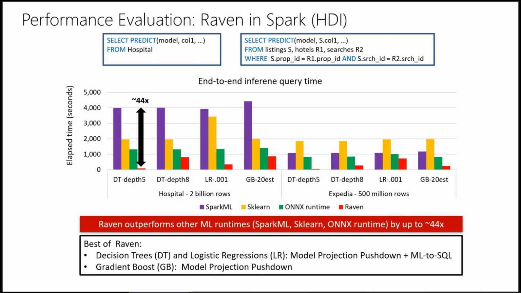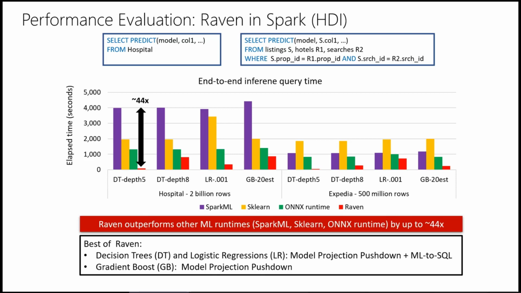You can see that in every case, Raven gives us strong performance improvements over using regular Spark ML, using scikit-learn models, or just calling the Onyx runtime. Like in decision trees with depth 5, you get up to a 44 times improvement over Spark ML by applying these Raven optimizations.